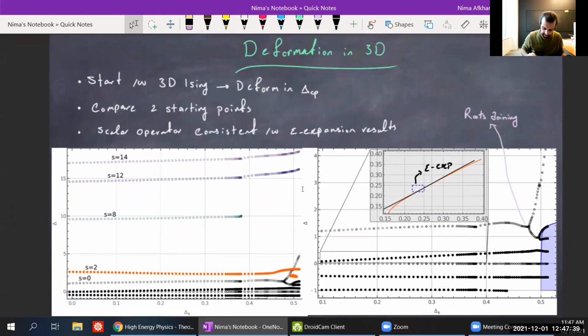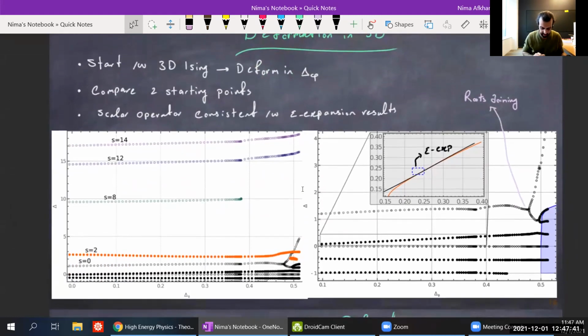Here I'm plotting what happens when you do that, and notice there's all sorts of mixing phenomena happening where operators will join, collide, and become a single operator over here. The plot on the left corresponds to all these spins, but on the right I'm just plotting the scalar roots. You can see that the roots merge, and you need to account for that. Otherwise, you're unable to continue the deformation.